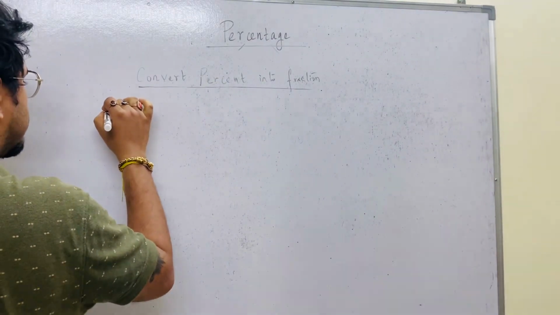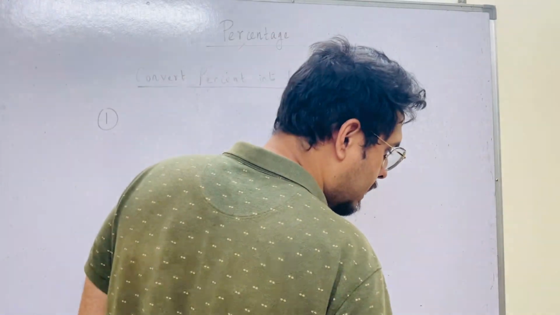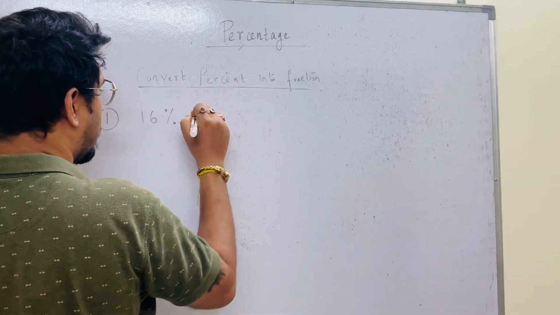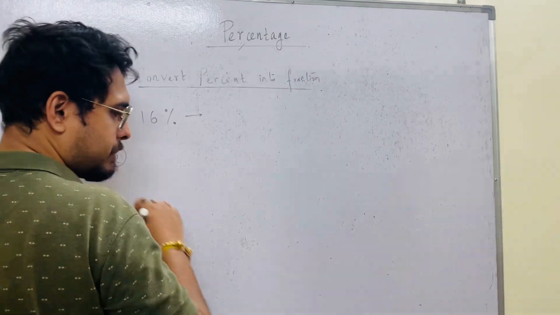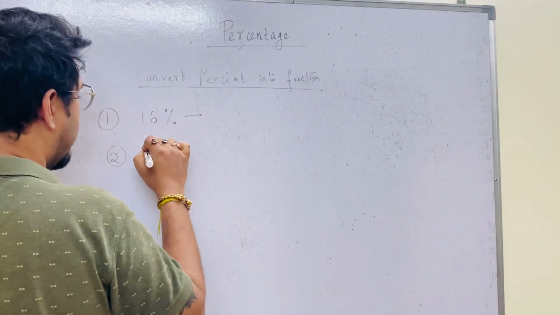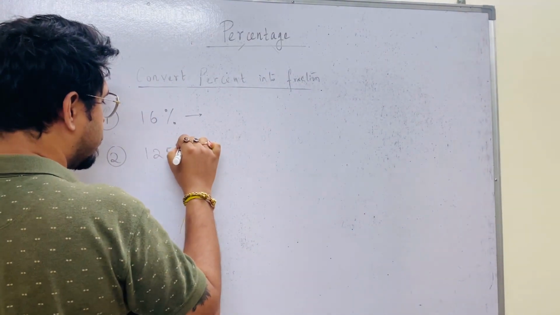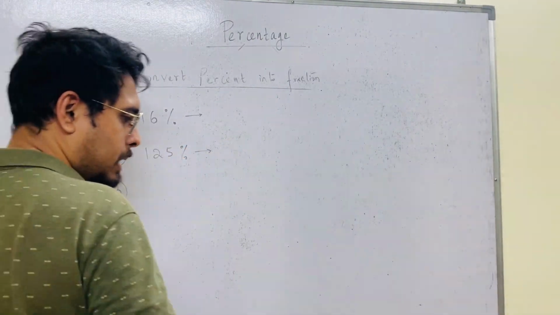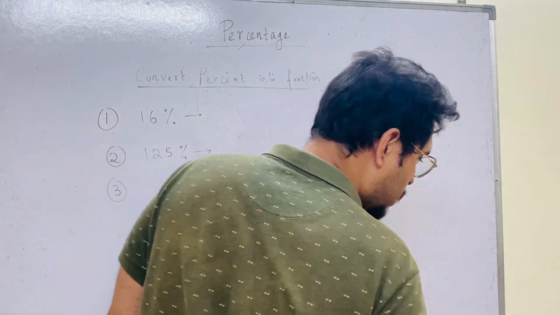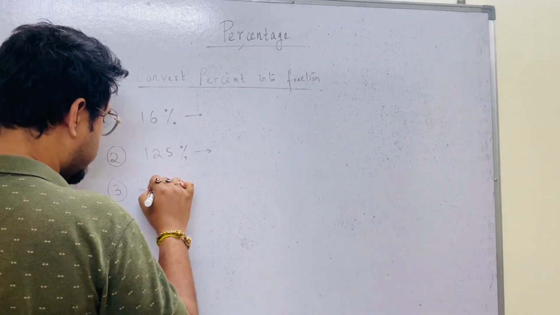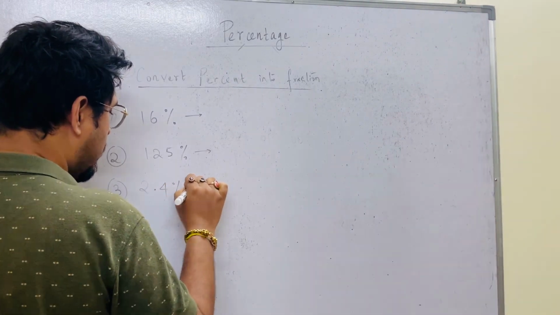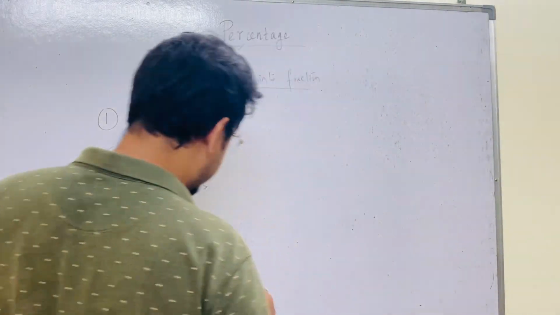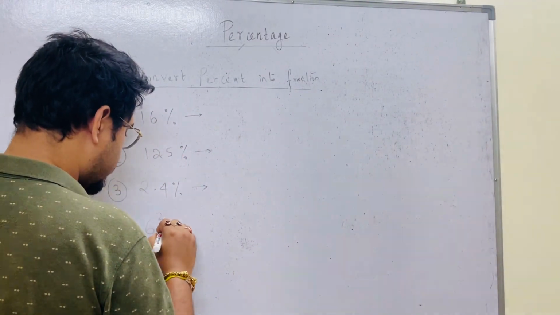First example, 16%. Second example, 125%. Third example, 2.4%. And the fourth example, 6 and 2/3%.